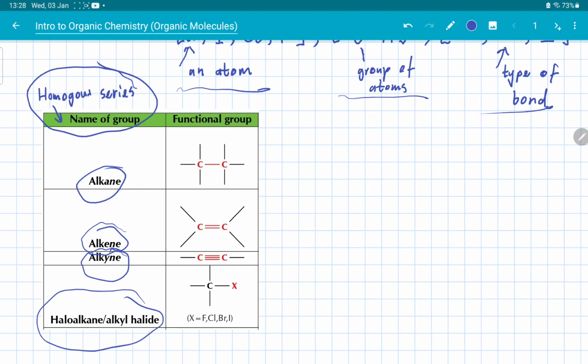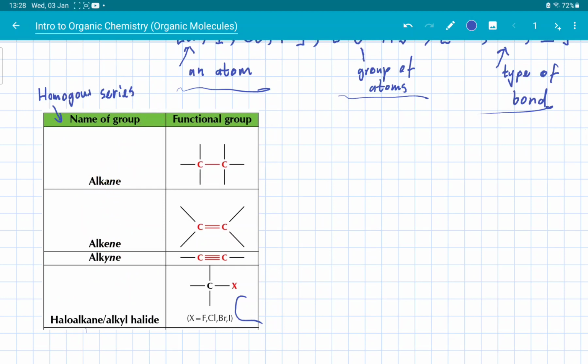The name itself can suggest, halo comes from halogen, an alkane with a halogen. First things first, these are not the only homologous series, there are thousands. There are also alcohols, aldehydes, ketones, esters, and carboxylic acids. But let's wait for those. This is the basics, then we will see where we go from here.